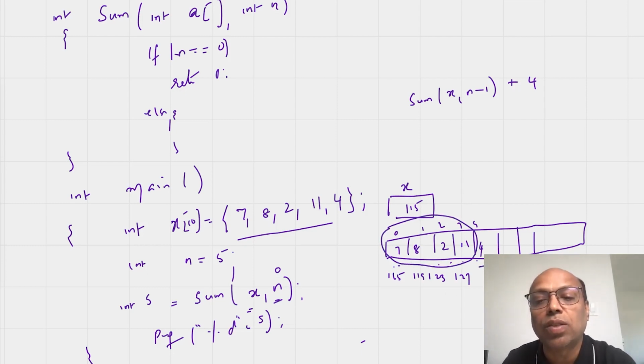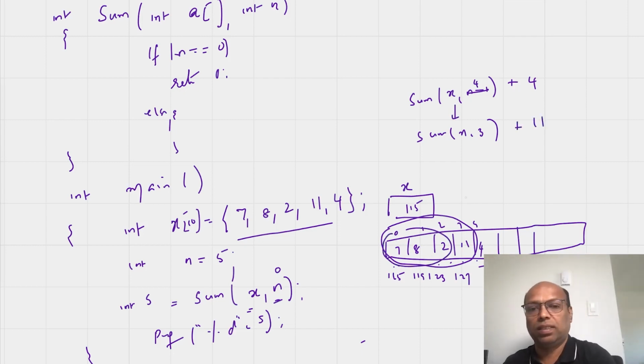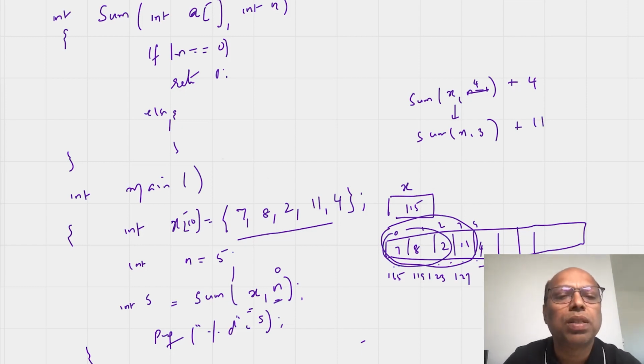The sum of this array is going to be the sum of x comma 3, because of the 3 elements, plus 11. Correct? Therefore, what I can simply say is that the sum of the elements is going to be sum of a comma n minus 1.